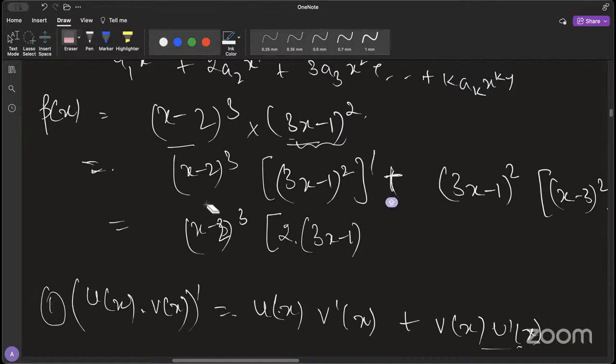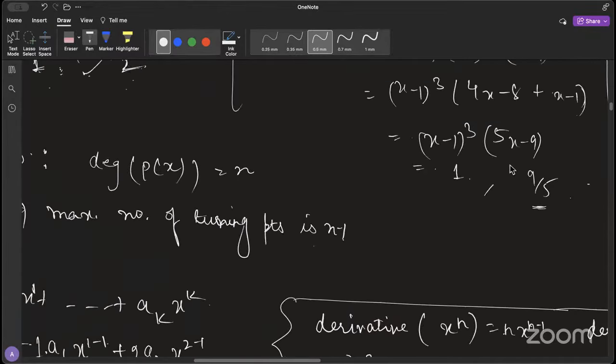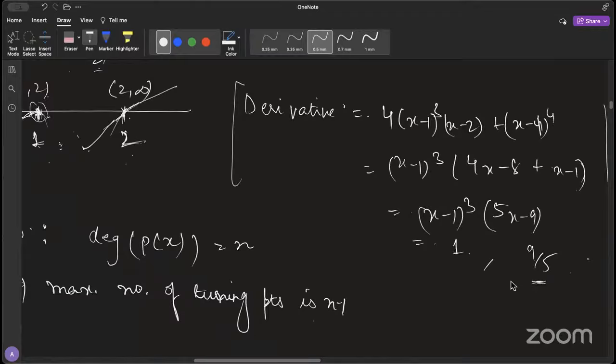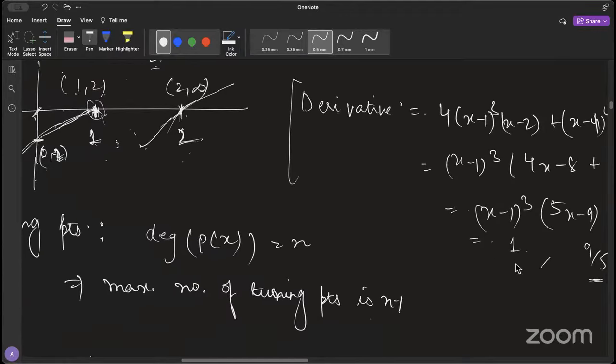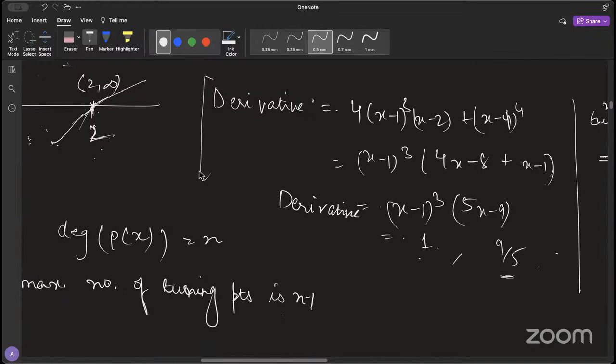just meanwhile, try to read how to find the derivatives. You might not need it in this week, but if at all you're given a question like that, it becomes easier for you to find the derivative, and then check the only points where your derivative becomes 0. This is your derivative, right? So the only points where your derivative becomes 0 are 1 and 9 by 5.